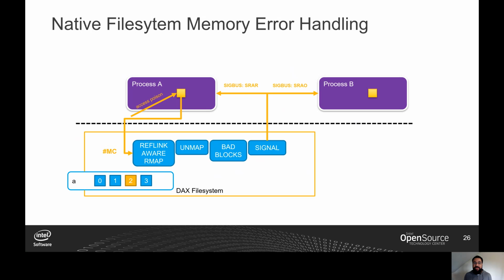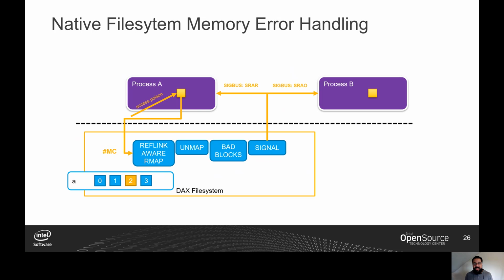We use the address to look up the physical location on the storage device for the file system. But then we ask the file system, tell us all the files that are impacted by this and who has those files mapped. And this gives the file system the opportunity to use its reverse lookup facilities to figure out which pages might be reflinked that the file system knows about.